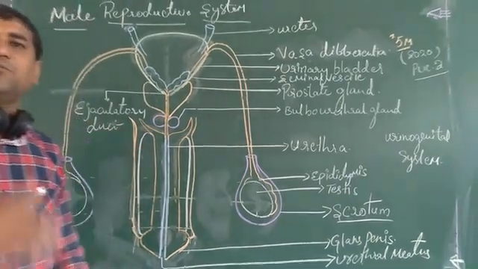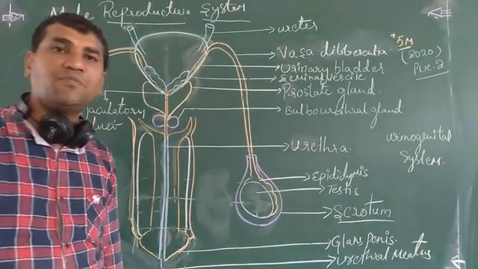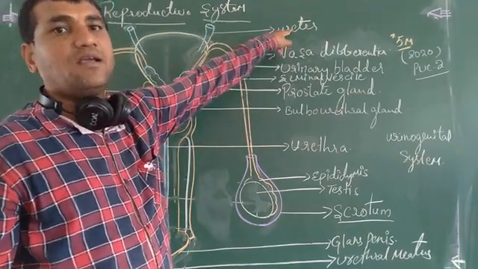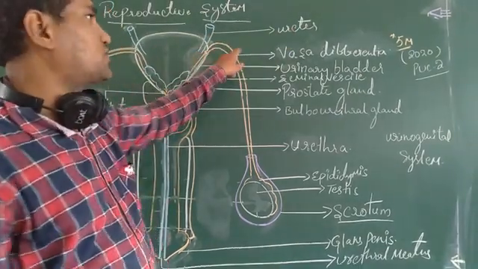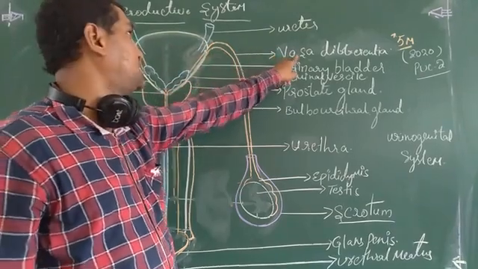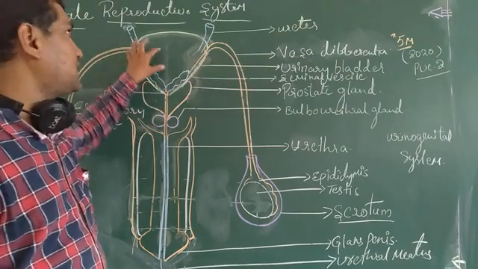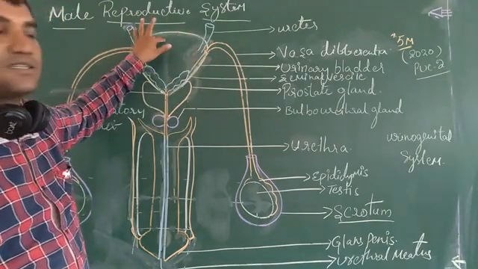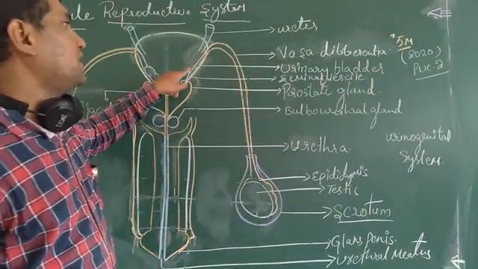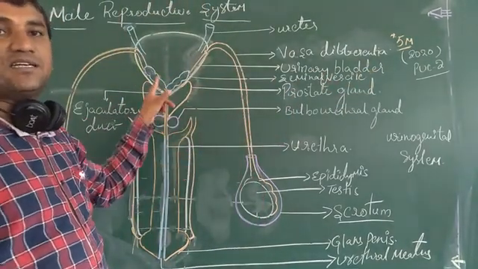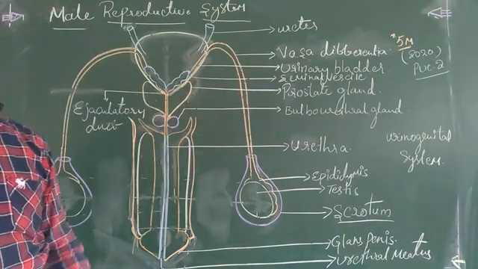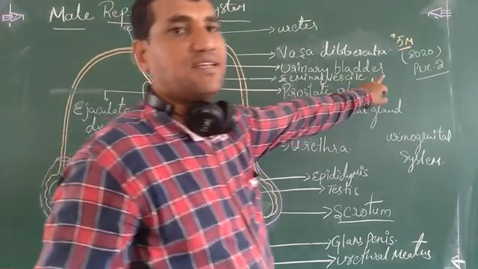Coming again to the male reproductive system, you can see the ureter, and just below it the two tubes arising from the testes called vasa deferentia, and you can see this pear-shaped structure called the urinary bladder. Just below, leaf-shaped structures present on the backside of the urinary bladder are called seminal vesicles.